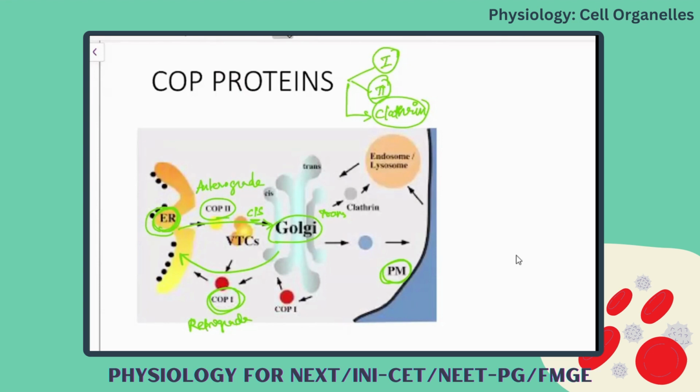Okay. And then the third one, something you have to transfer from the Golgi apparatus. After it has been packed into the vesicles, it has to move towards the plasma membrane. The vesicle will fuse with the plasma membrane to release the neurotransmitter or to release the hormones at the target site. Whatever may be the thing packed in the vesicle, it should have some action in some part of the body.